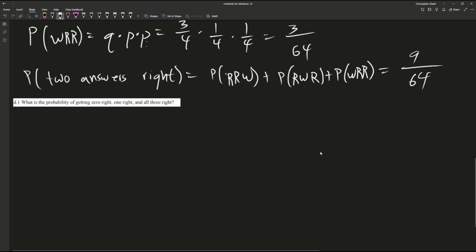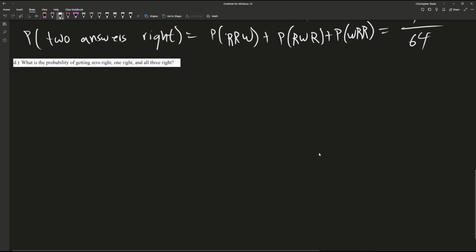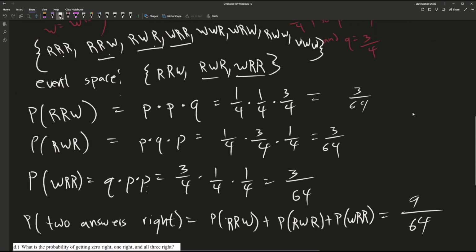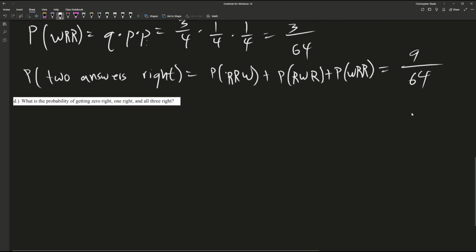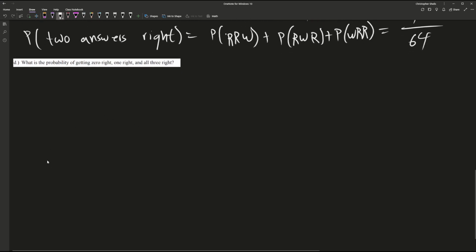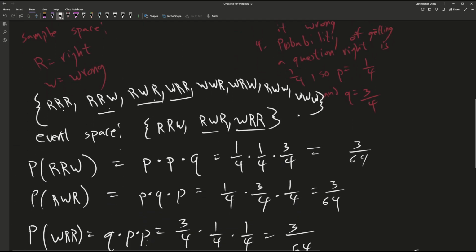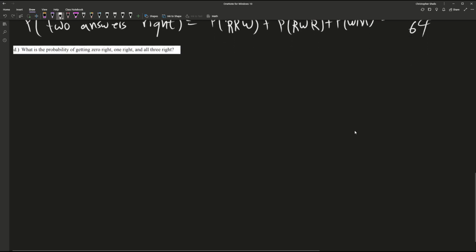And for D here, what is the probability of getting 0 right, 1 right, or 3 right? The probability of getting 0 right, let's see, that would just be this WWW, right?